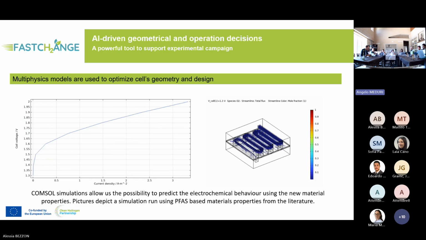And we obtained a very reliable model that matches quite well with the results reported in the literature for this kind of materials in electrochemical multiphysics modeling.